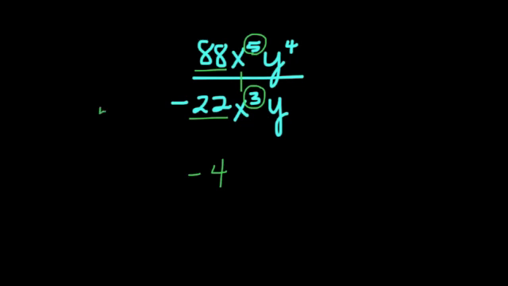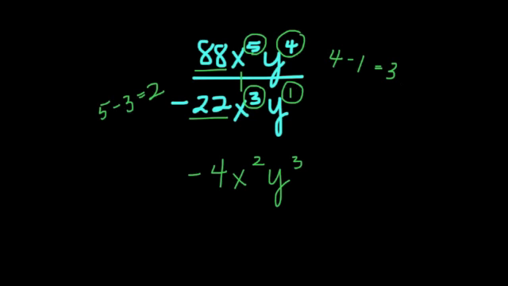So I could do 5 minus 3, which would give me 2. So this would be x squared. And then we want to do the same thing with our y's. On the top, we have y to the 4th. And on the bottom, because there's no exponent, it's understood that it's a 1. So we have 4 minus 1 for our y's, which leaves me with 3. So this would be negative 4x squared y to the 3rd as my final answer for this one.